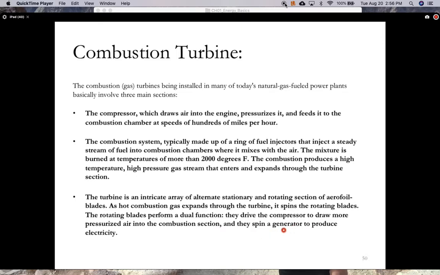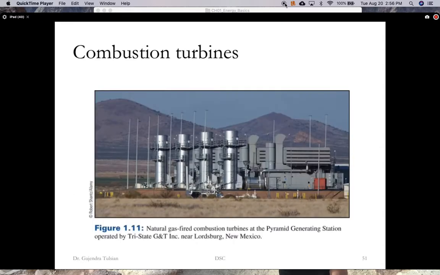So you are turning that loop of wire to produce electricity. Okay. So here is a combustion turbine in New Mexico. Here's a picture of that again. Combustion turbines mostly run on natural gas, and they have fast response time. You can start producing electricity at very short notice.